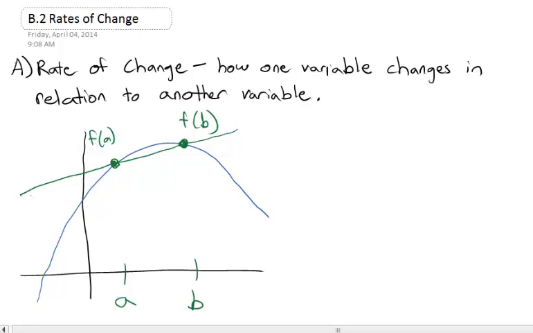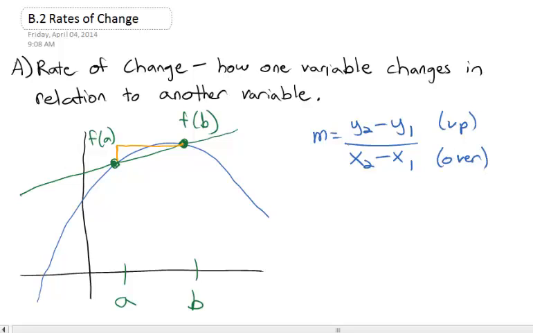Tomorrow we'll start calling it a secant line. But the slope of the line from one point to the next, how far we rise and run, that's going to be our average rate of change between points A and B. Well, we know how to calculate the slope of a line. The slope of a line we'll recognize is y2 minus y1 over x2 minus x1, or how far up we go divided by how far over we go.